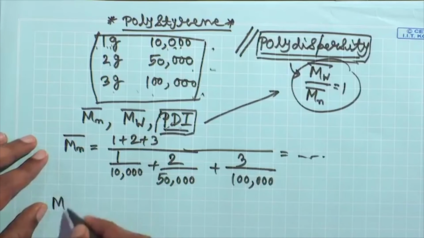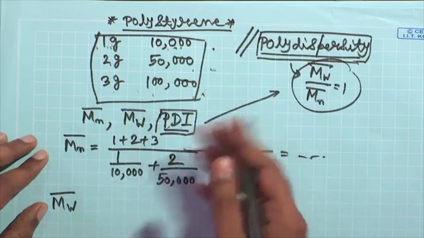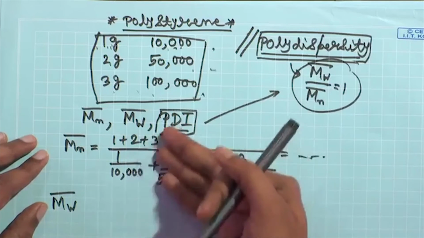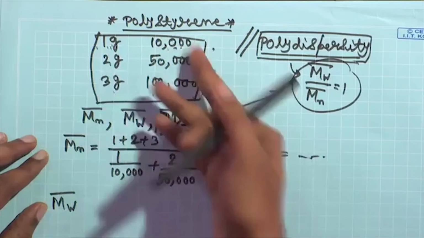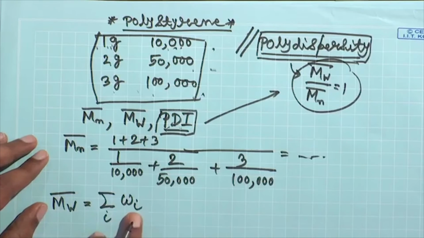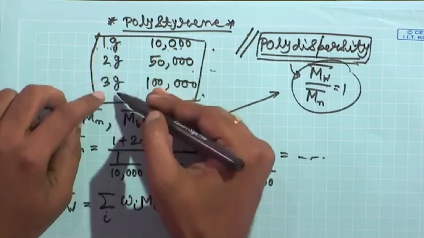So, what is the value of Mw? I am trying to work out this problem in order to give you an understanding of the formula that I have drawn, and its significance in terms of the problems here. Mw is the sum over all the weight fractions multiplied by Mi, which is the molecular weight. Total weight is 6 grams.